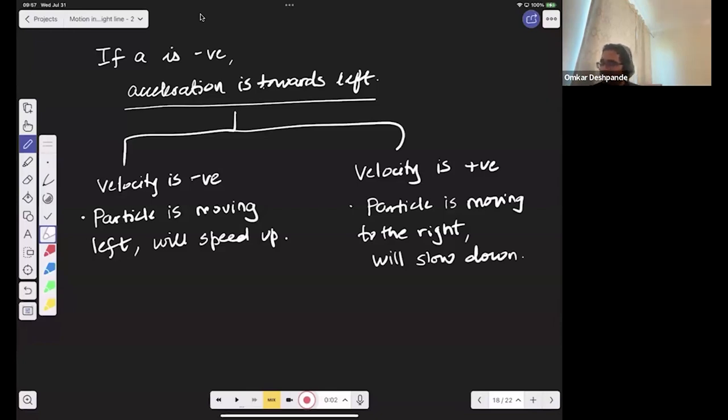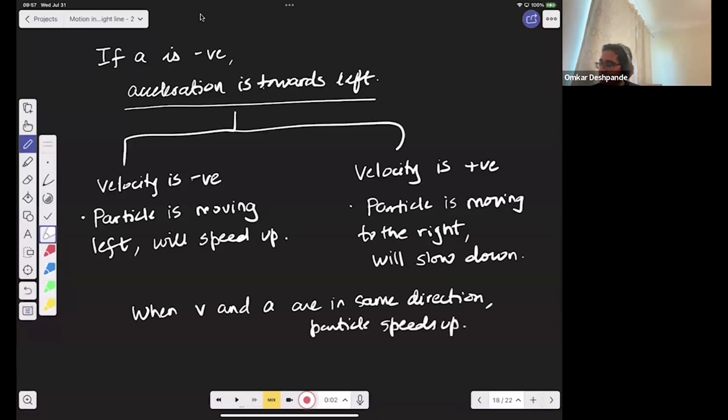So we can say in general that when v and a are in the same direction, the particle speeds up. When v and a are in opposite direction, the particle slows down.